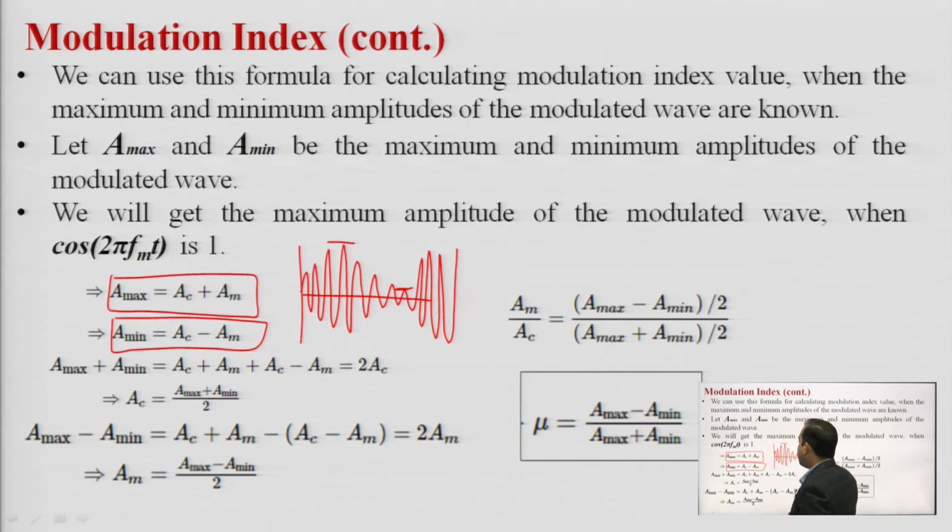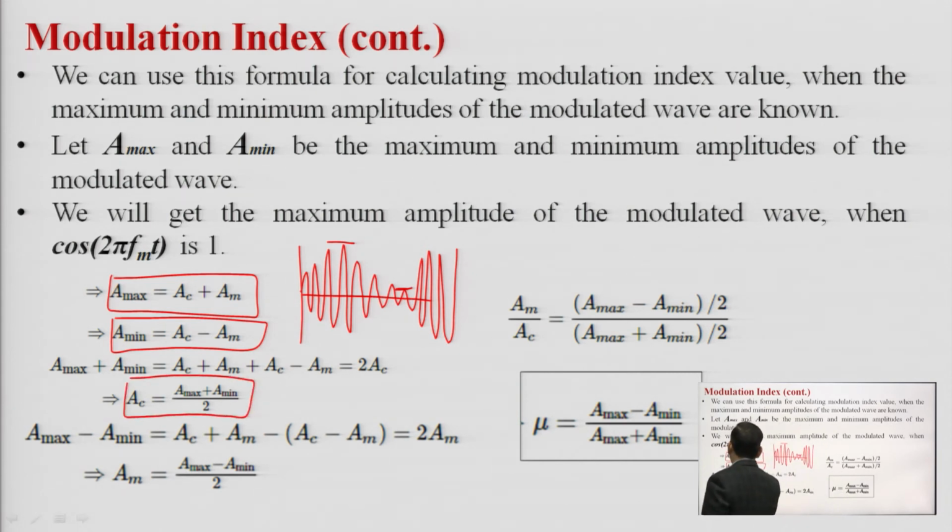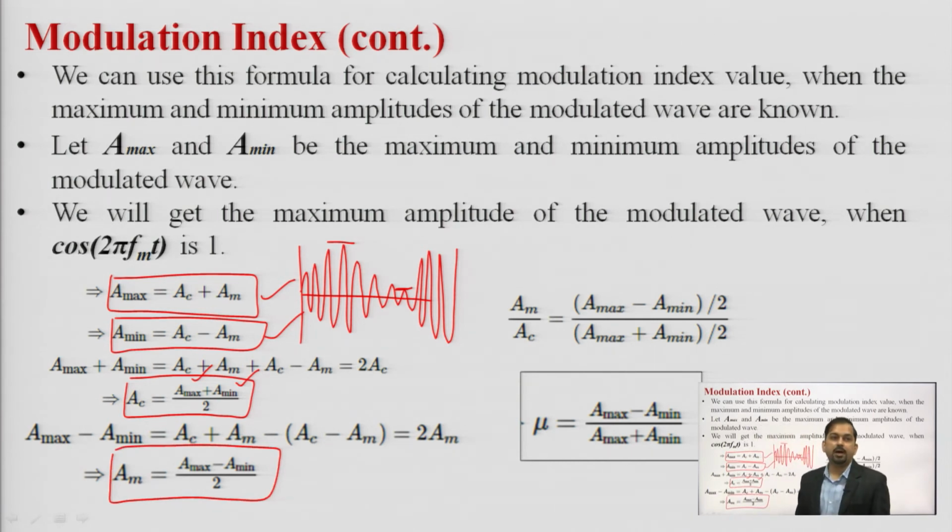If we add these two equations, we get AC equals (A max plus A min) by 2, meaning the maximum amplitude plus the minimum amplitude divided by 2. If we subtract these two equations, we get AM equals (A max minus A min) by 2.